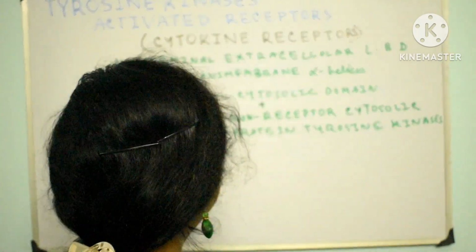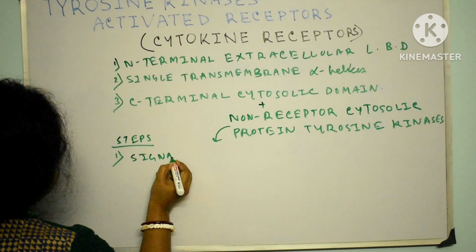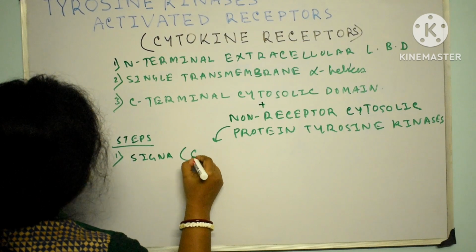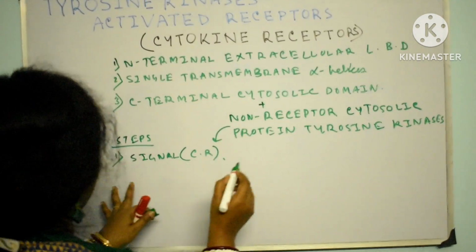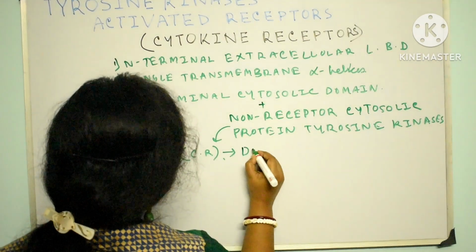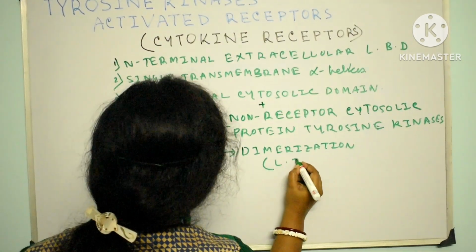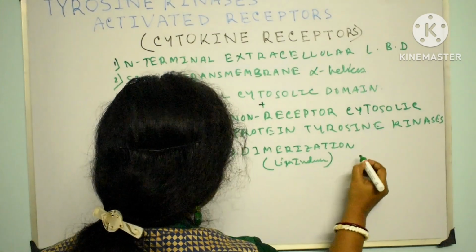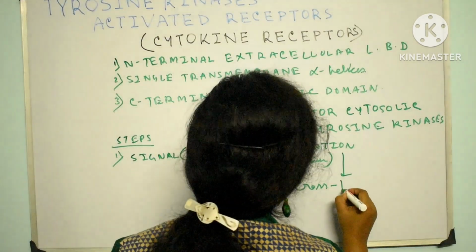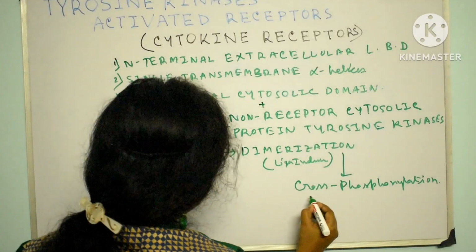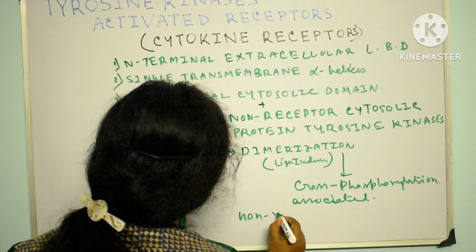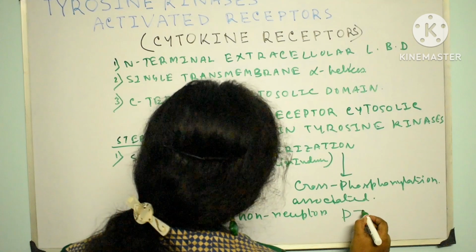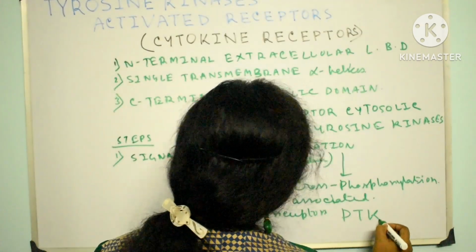The first step is signal from the cytokine receptor. Then dimerization, which is ligand induced, and then cross phosphorylation between associated non-receptor protein tyrosine kinases.